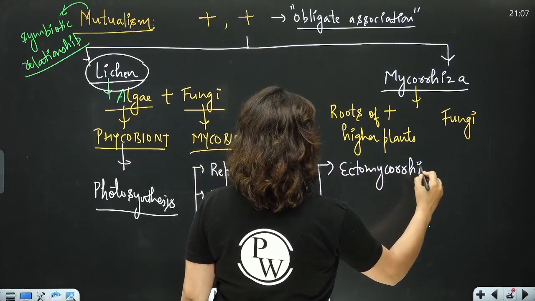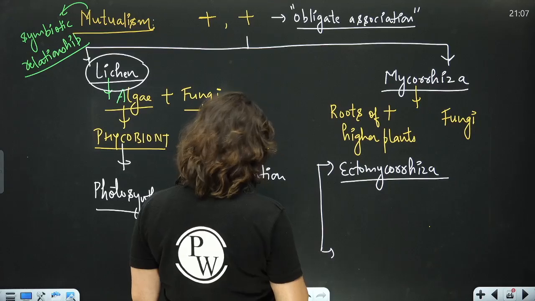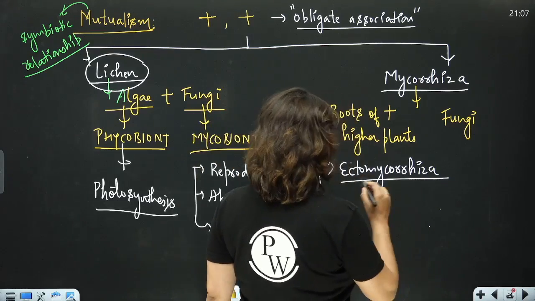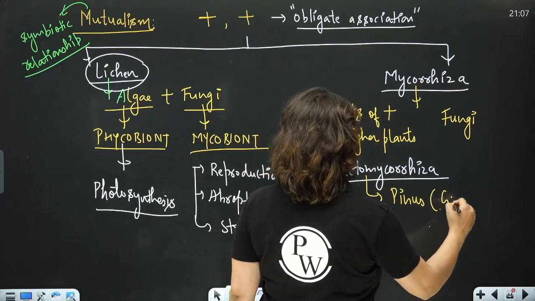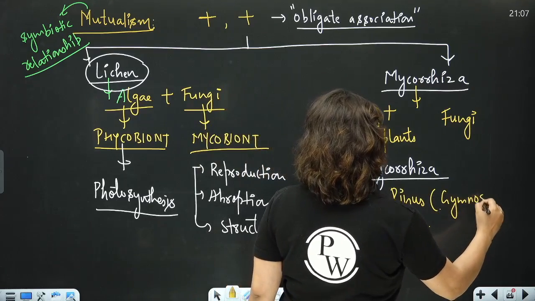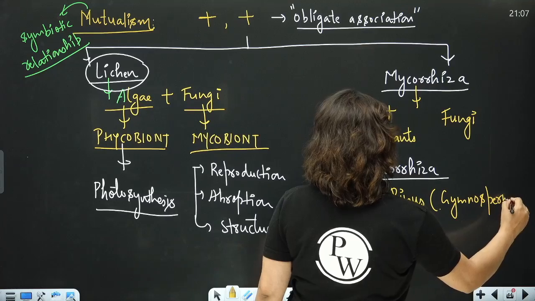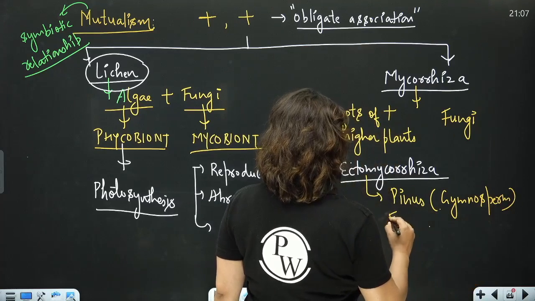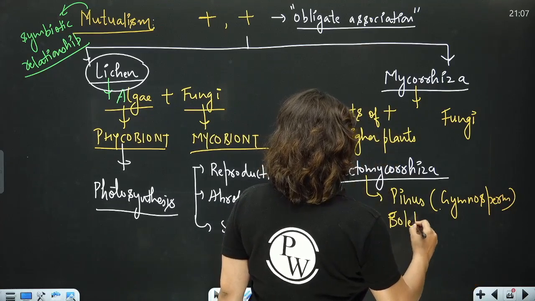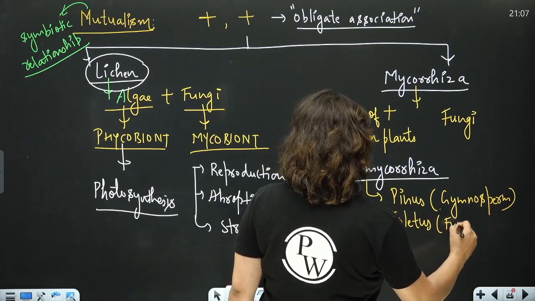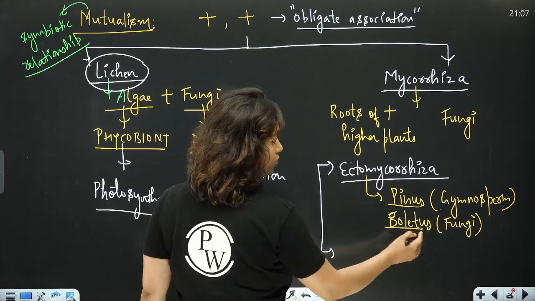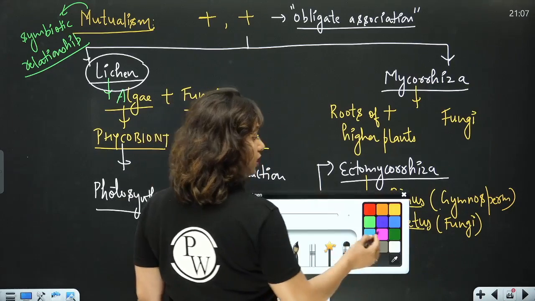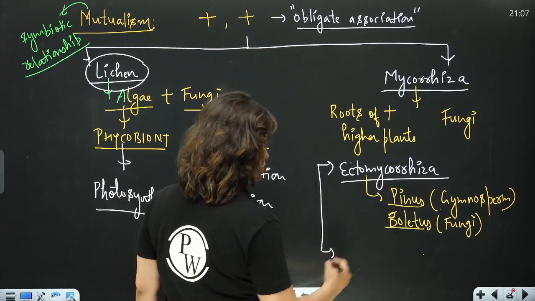If the fungal hyphae remain on the surface of the root, it is ectomycorrhiza, and a very good example is Pinus. Pinus, a gymnosperm, shows obligate association with the fungus Boletus. Both of them cannot live without each other.